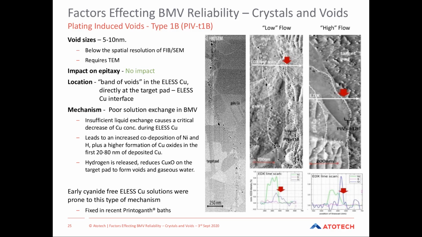So we get an artificially high level of nickel deposition, and that tends to bring a high level of absorbed oxygen with it as well, which is what we're seeing in the image on the left. We're seeing a higher level of nickel in that area because the volume is decreasing at the base of the microvia, and we're not replacing the chemistry fast enough. And similarly, we get the associated high level of oxygen with that as well.